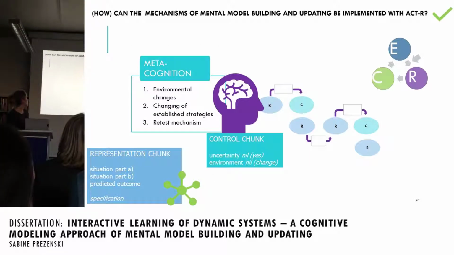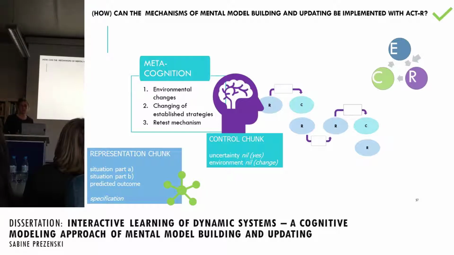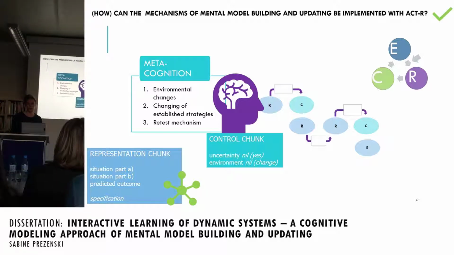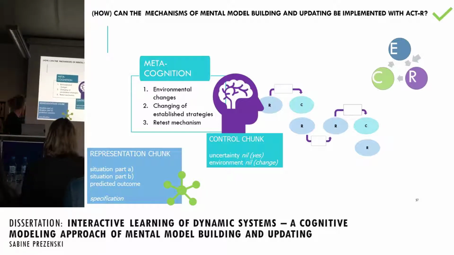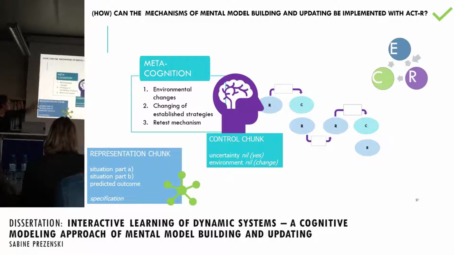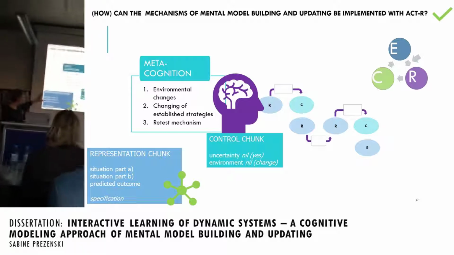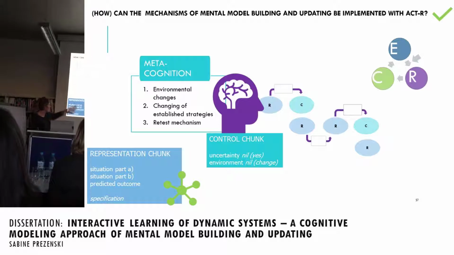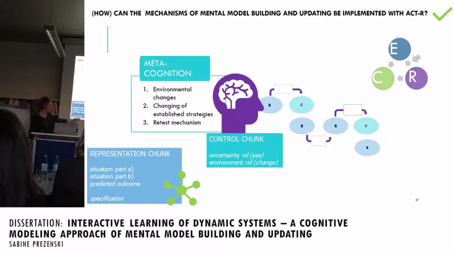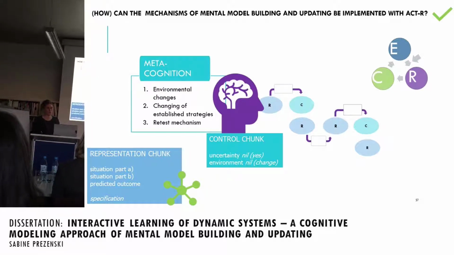Now, the main question was, how can the mechanisms of mental model building and updating be implemented with ACT-R? So what we have is a representation chunk in the conceptualization phase, where the situation is encoded as part A, part B, the predicted outcome, and there's also a specification as learning evolves.